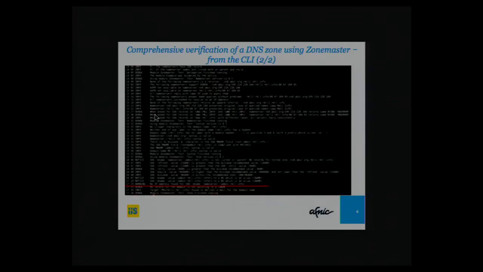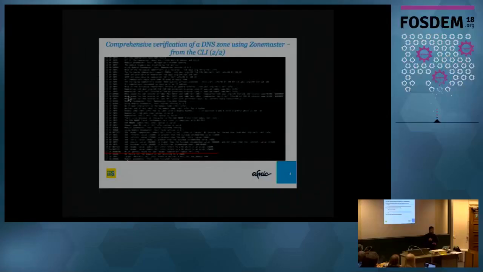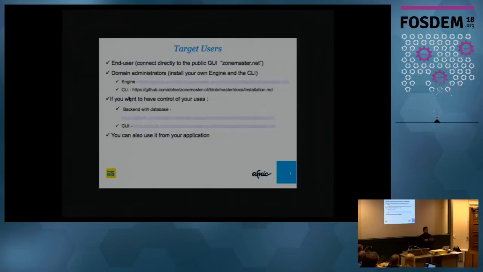But there are a number of tools out there, open source, paid, and everything. And why is Zonemaster different? Zonemaster targets different types of people. If you're just a user, you want to check your website, you go to the SaaS, the public GUI, zonemaster.net, and enter your domain name and get the results to see whether the zone for your website or domain name is healthy.